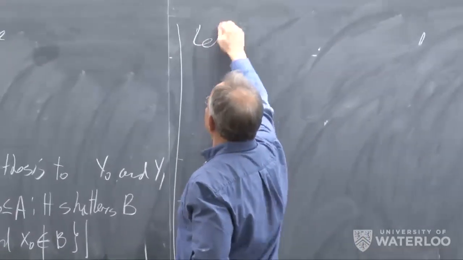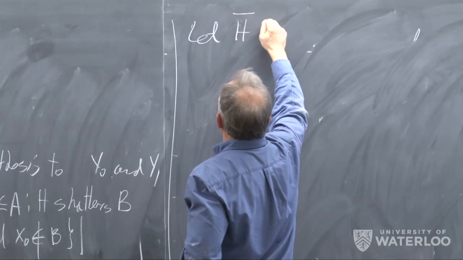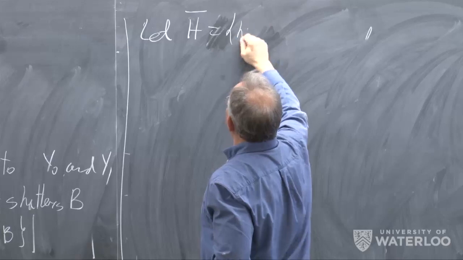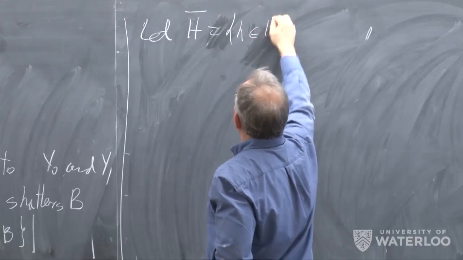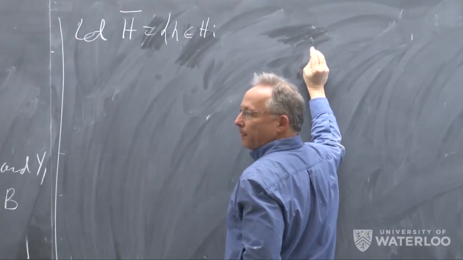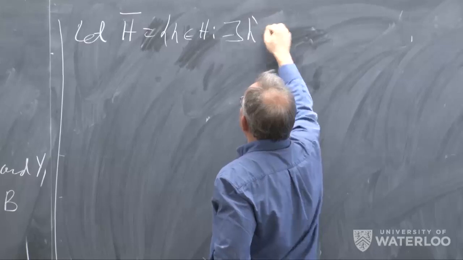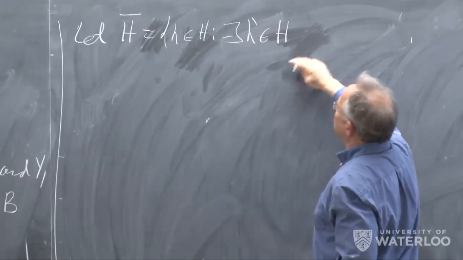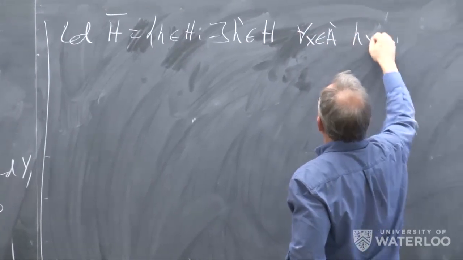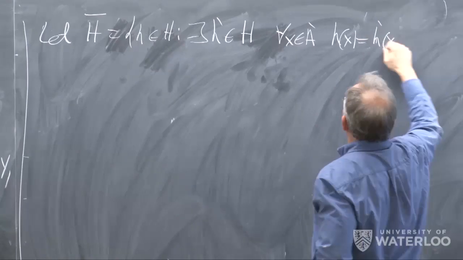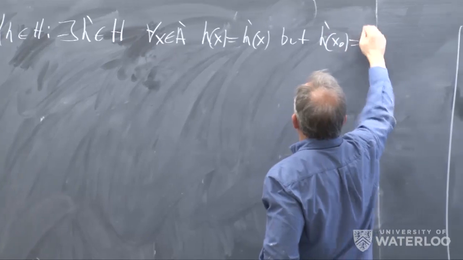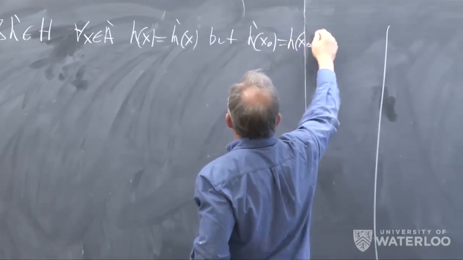Similarly, let H hat be the set of all H in H such that there exists H prime in H such that for every x in A prime, H of x equals H prime of x, but H prime of x0 is different than H of x0.